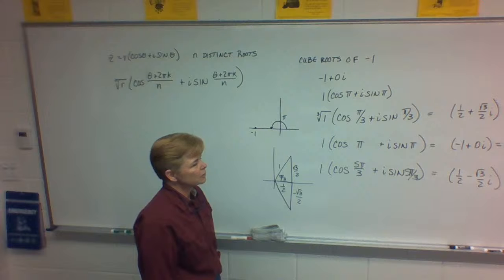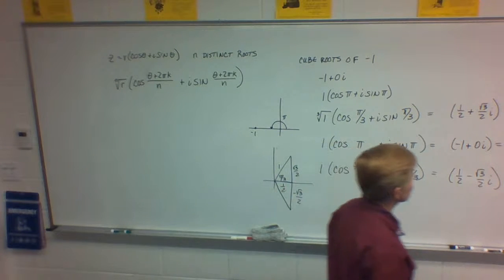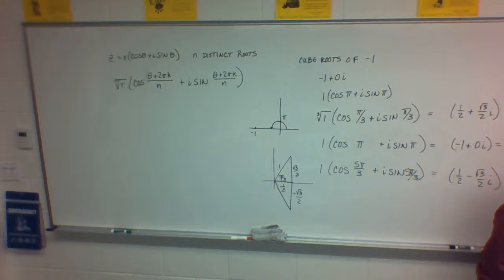Here's what I want you to notice, folks. This is pretty cool, actually. Because we were cube rooting, what we ended up doing is splitting the unit circle up into 3 parts. One sticking out there, one sticking out there, and one sticking out there, where there's 120 degrees between each one because we were cube rooting.